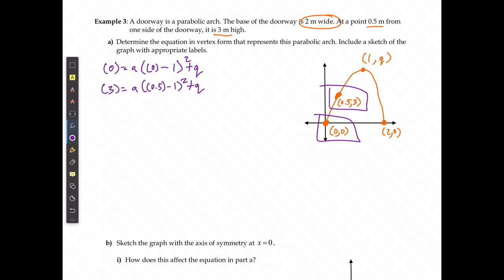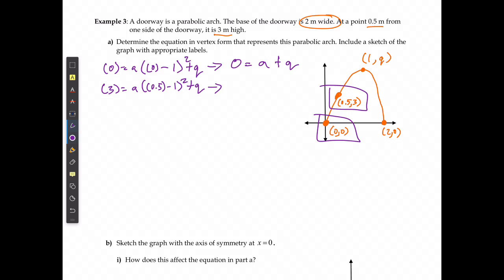I'm going to simplify both the equations. So in this case, 0 is equal to 0 minus 1 is negative 1, squared is just going to be 1, or just a, plus q.